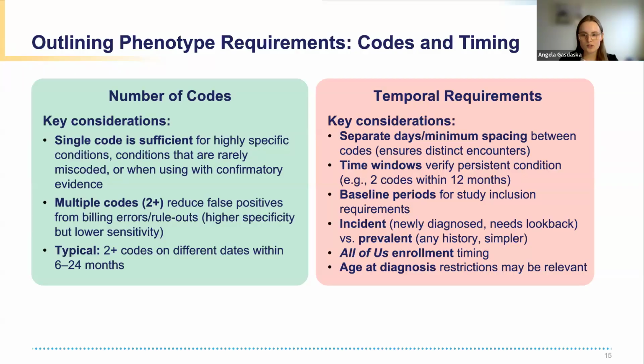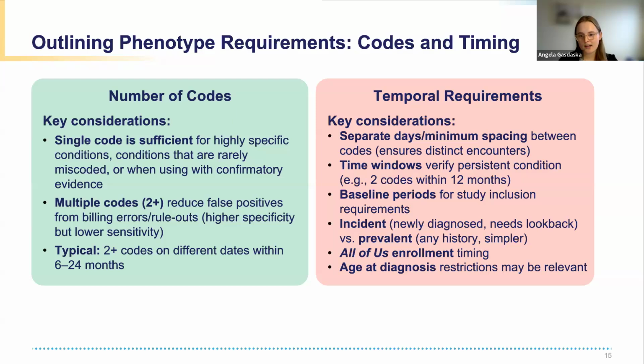So the more codes you require, the higher the specificity, but the lower the sensitivity. As you require more codes, the sample size is going to drop, but you'll be more sure that the people you have actually have the condition. I think a very typical definition and use is to use 2 codes that are on separate days.